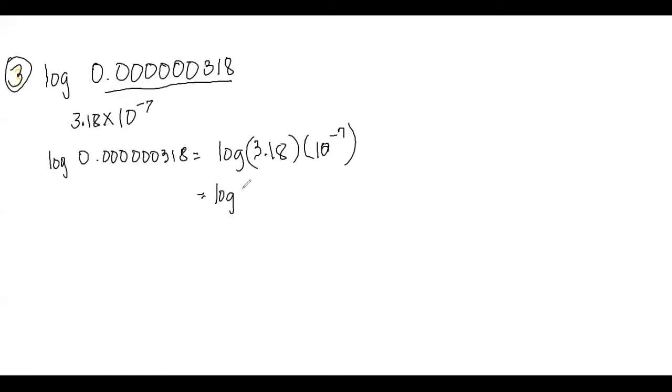So logarithm of 3.18 plus the logarithm of 10 raised to negative 7. So cancel na to agad, tama? So matitira negative 7. So logarithm of 3.18 minus 7 na lang. What is the value of logarithm of 3.18?